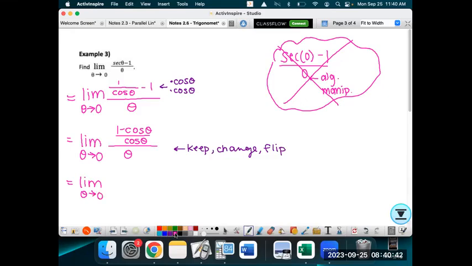So I'm going to keep my fraction from the numerator. But then instead of dividing by theta, I'm going to multiply by 1 over theta.